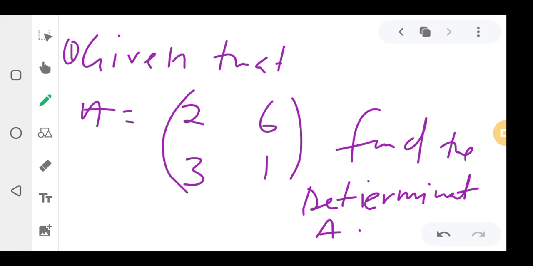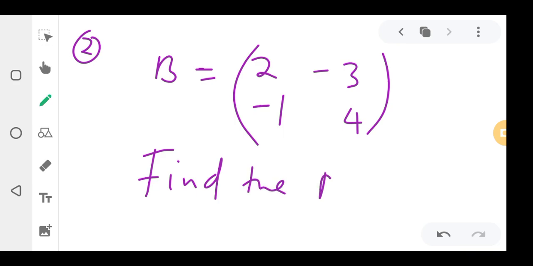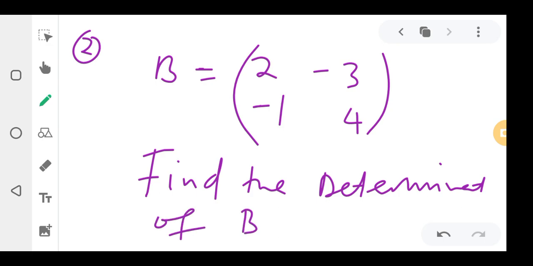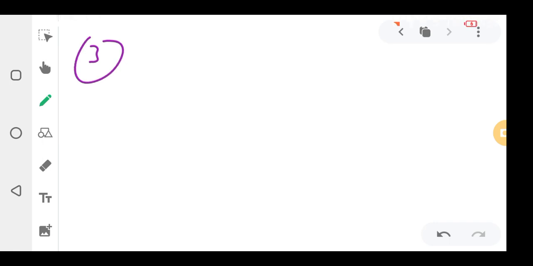Okay. Question 2. B is equal to 2, negative 1, negative 3, 4. Okay. Find the determinant of B. Question 3.